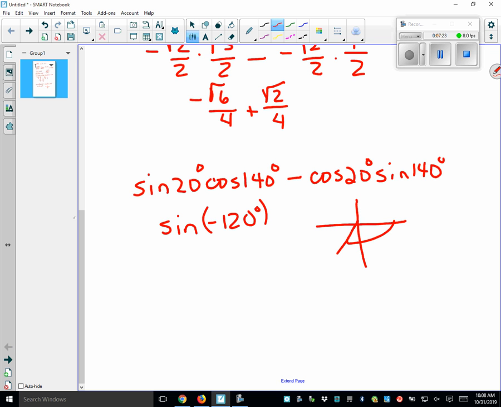If this is 120, isn't this 60? So what's the value of the sine of negative 120? Remember doing this?